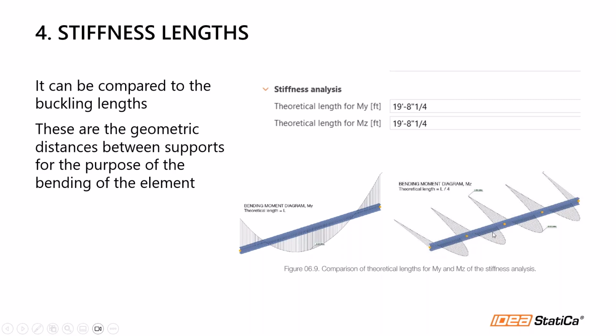So this can have a different theoretical length for MC and a different theoretical length for MY, even though it's the same beam, all right? And another important point to mention here is that this only affects the classification limits, not the stiffness itself of the member and the connection, all right?